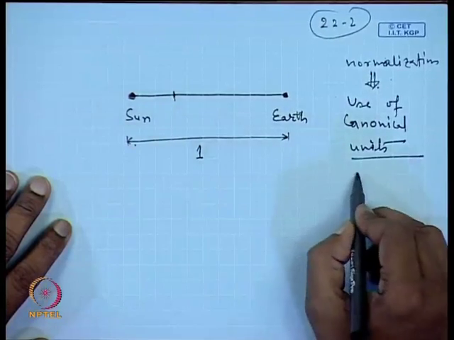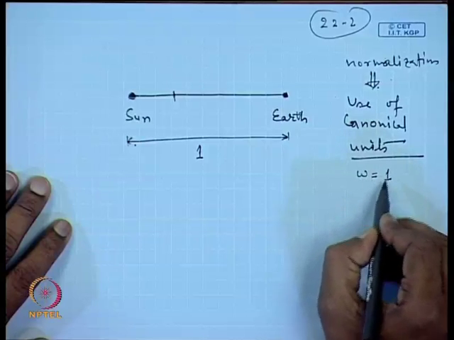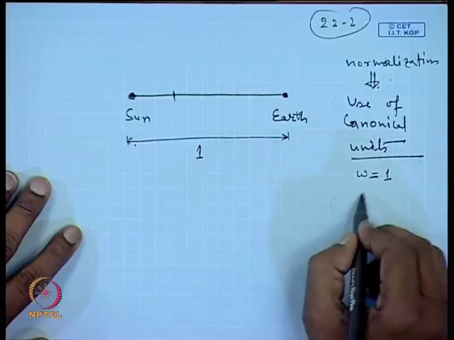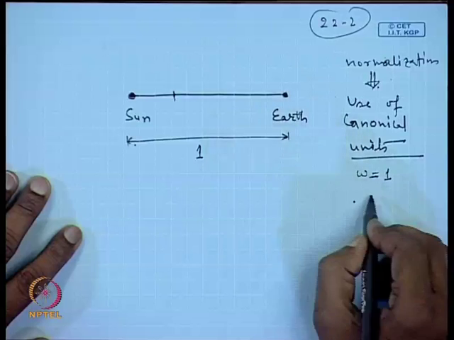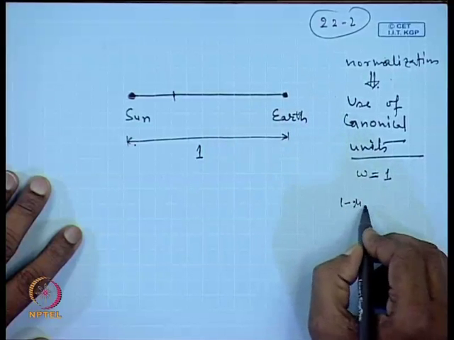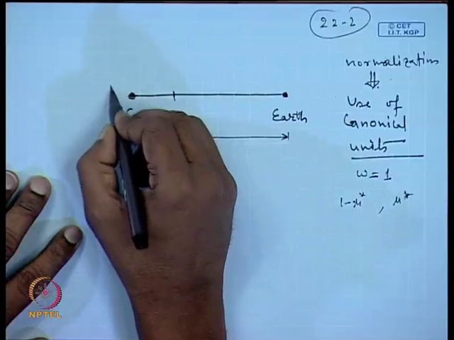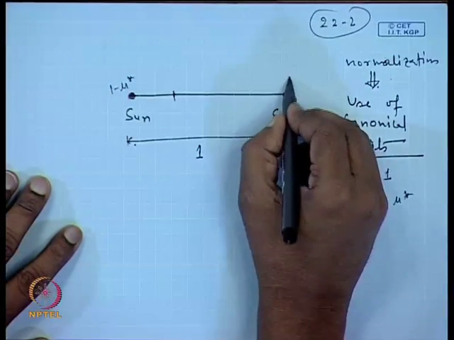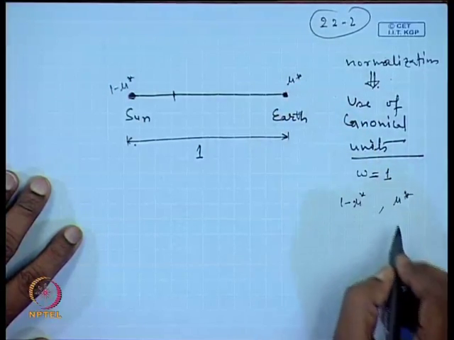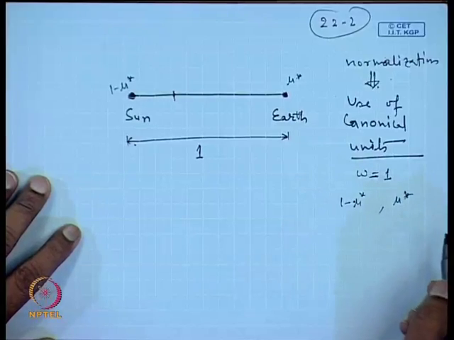Similarly, the angular velocity got equal to 1, and the masses of these two particles were represented as 1 minus mu star and mu star. So, this mass was 1 minus mu star and this was mu star. So, the mass also got normalized to 1.